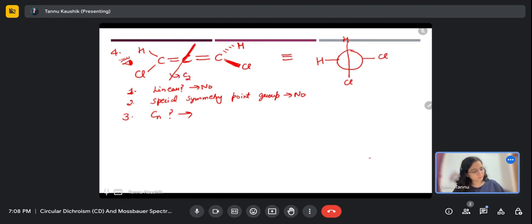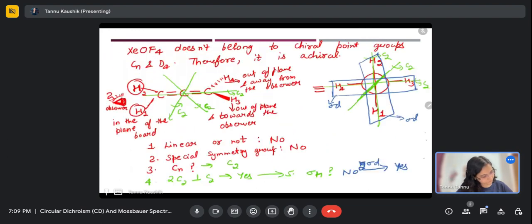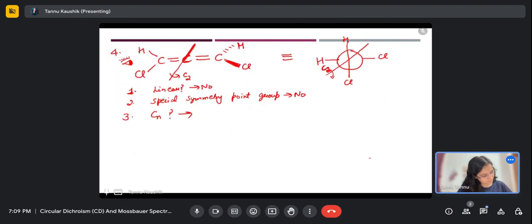This is the C2. So here we have a C2 rotational axis.